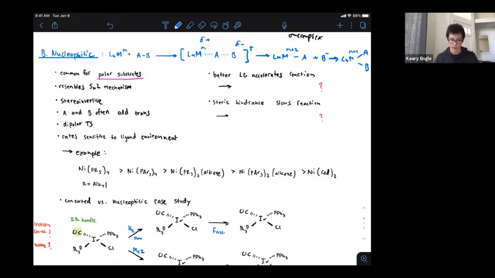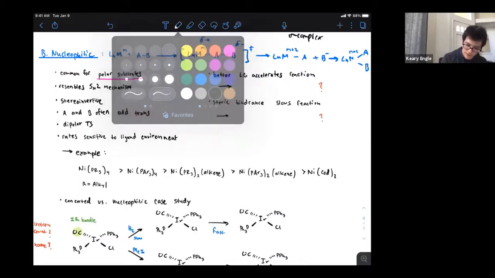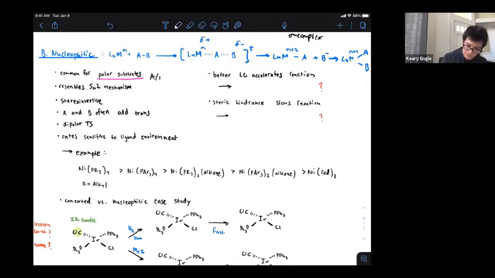This pathway is more common for polar substrates, specifically where A or B is polar, and the group that's ultimately lost is a good leaving group.